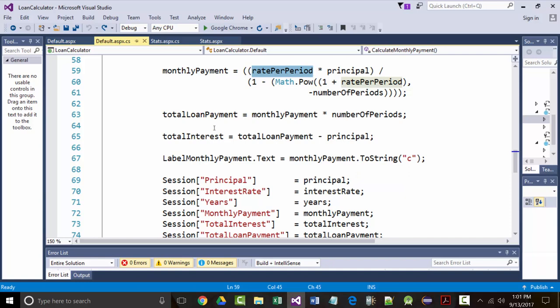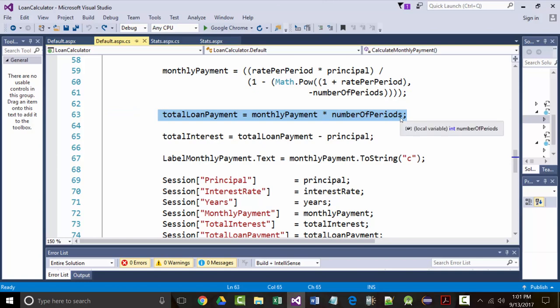So then what's the total loan payment? That's the monthly payment times the number of periods. That is this number that's right here. All right? What's the interest? That's your total payment minus your principal. So this line that's right here in blue, that line is what we got with this.